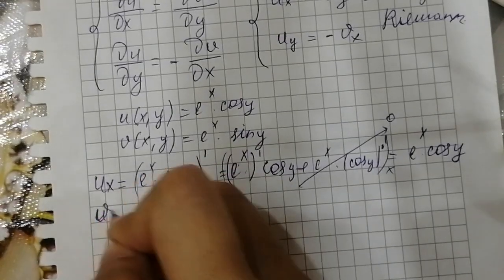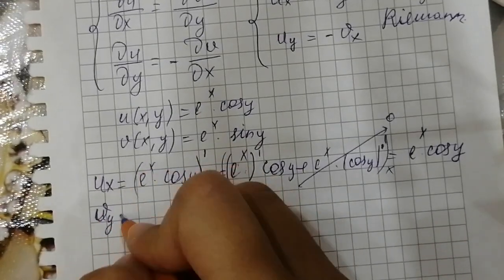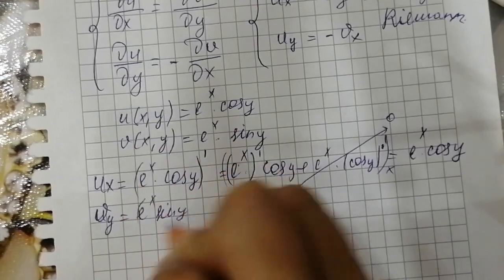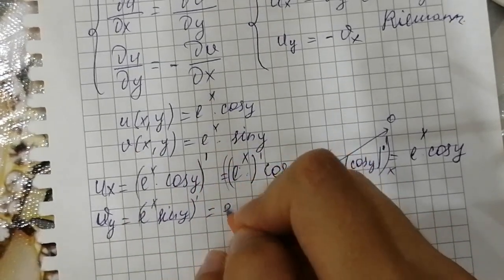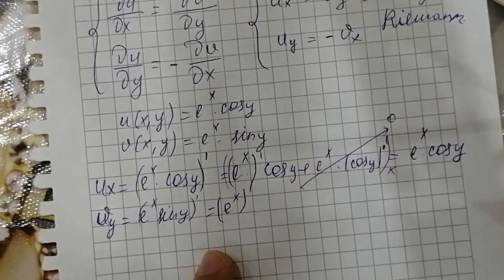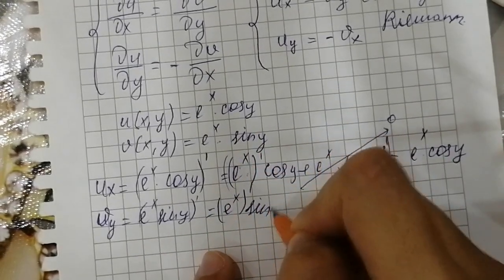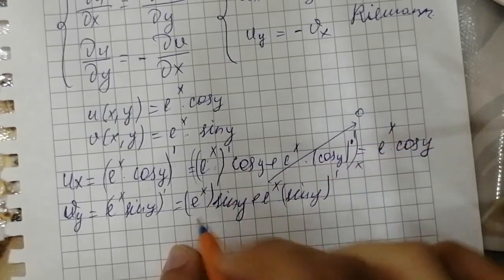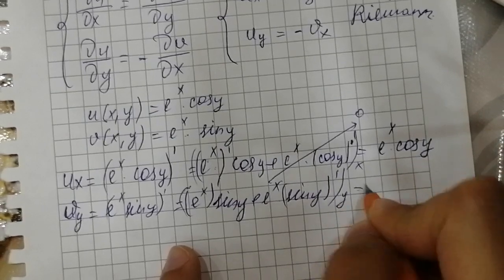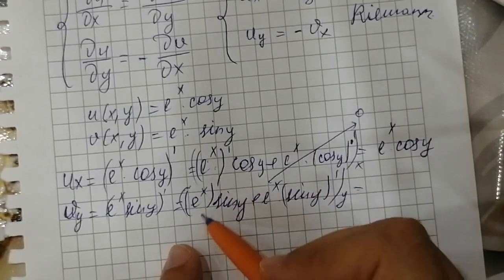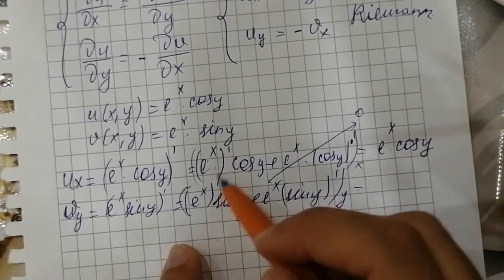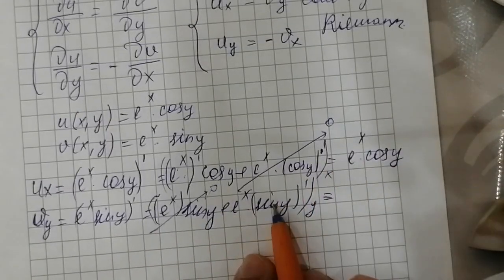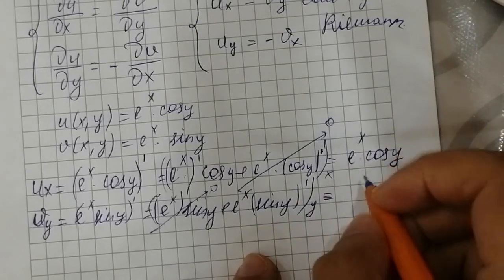We found the derivative of function u with respect to x. Let's find the derivative of function v with respect to y. Derivative of e to the power of x times sine y with respect to y: the derivative of exponential x with respect to y is equal to 0, and the derivative of sine y with respect to y is cosine y.